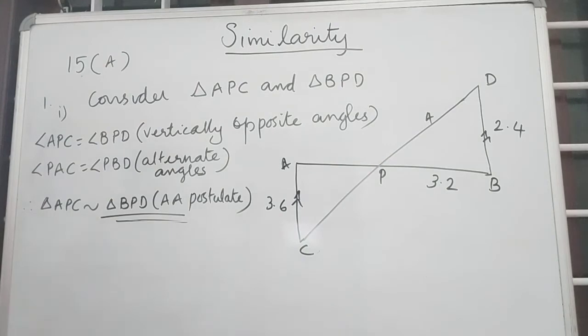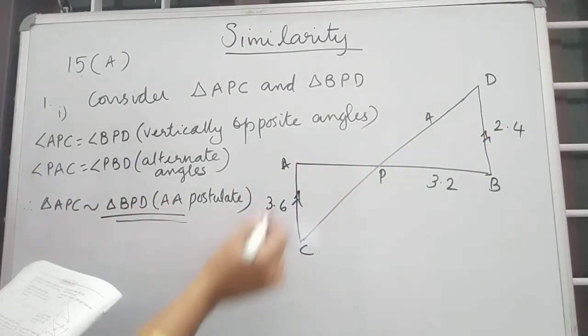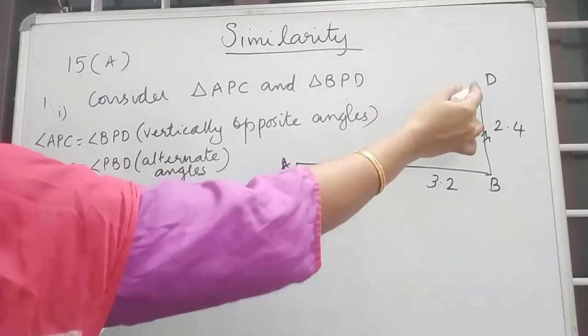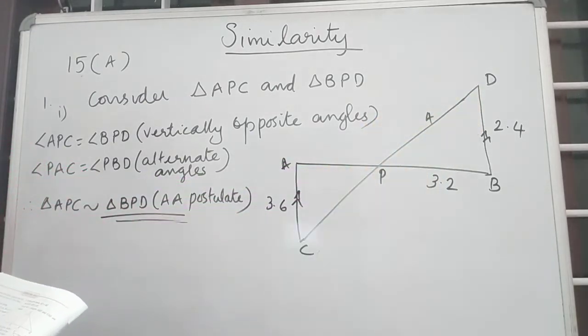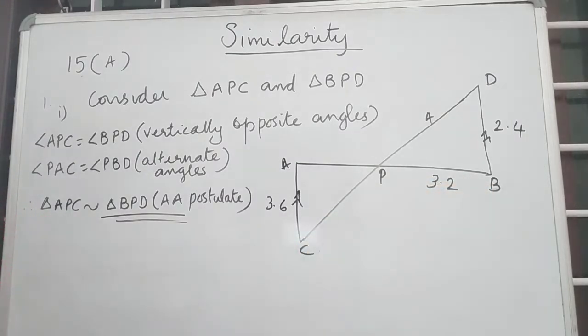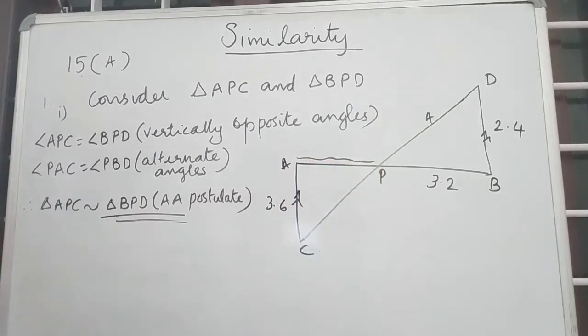That is our first question. Then the second one is, if BD is equal to 2.4 centimeter, AC is equal to 3.6 centimeter, PD is equal to 4 centimeter and PB is equal to 3.2 centimeter, find the length of PA and PC.